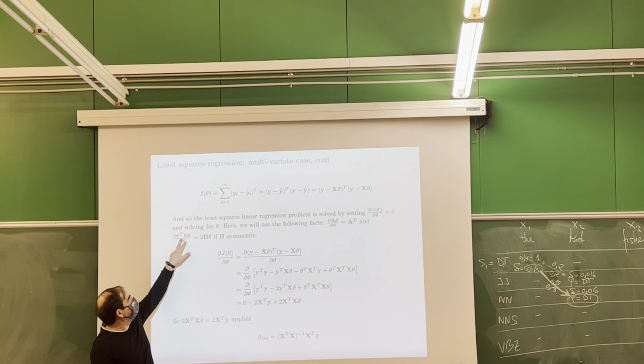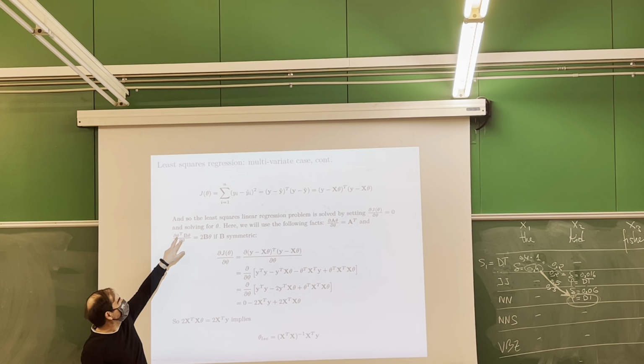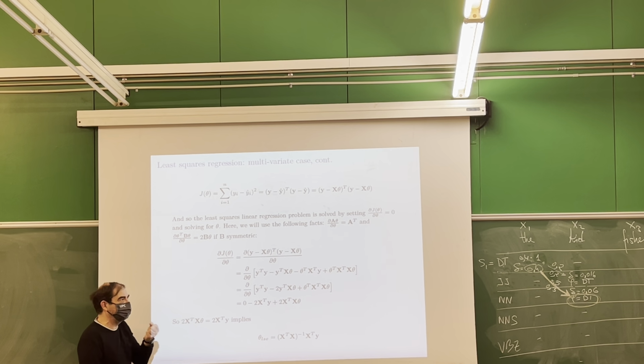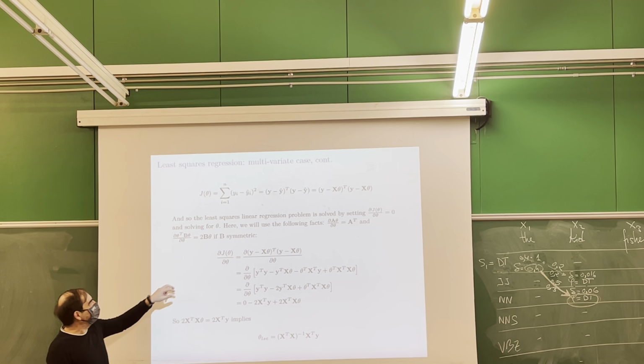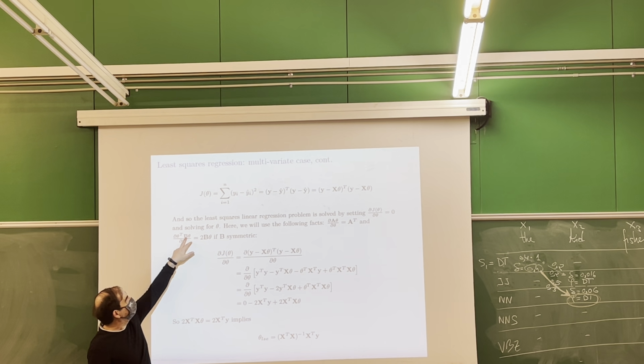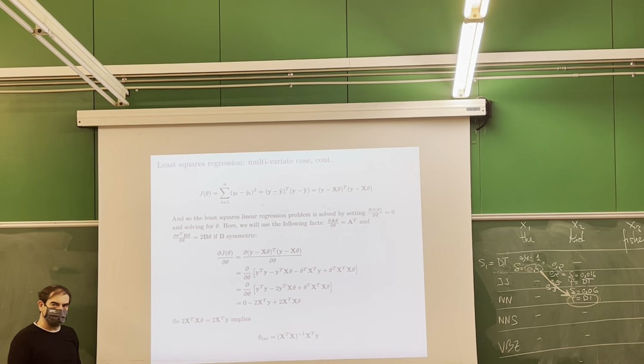And in this case, where we have a quadratic term, the parameters multiplied by a matrix and the parameters, the derivative is 2 multiplied by b, that is the matrix, multiplied by the parameters. You can go to books about derivation with matrices for more, but this is what we have.